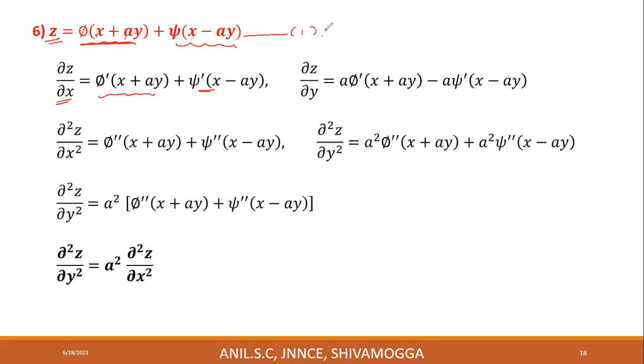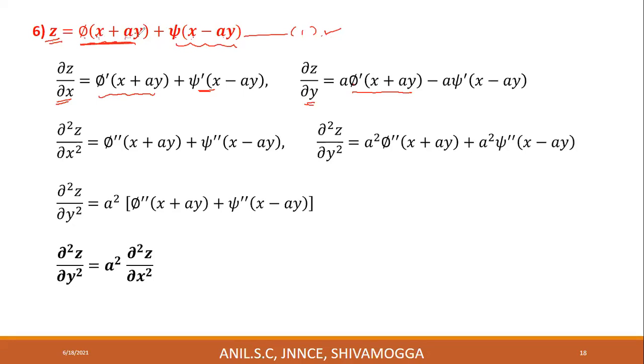Again differentiate the same equation, equation number 1, partially with respect to y. Derivative of z is denoted by del z by del y. Derivative of phi of x plus ay is phi dash of x plus ay, and that of x plus ay: x is constant, its derivative is 0. a is a constant, keep it as it is.